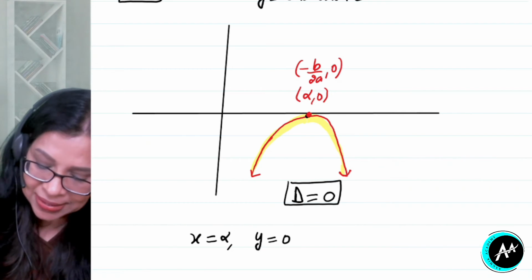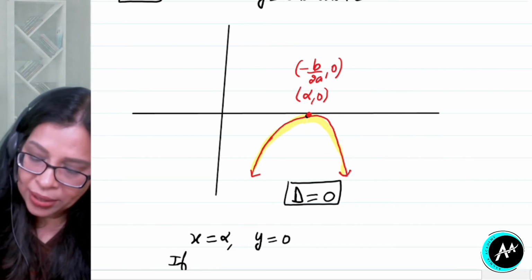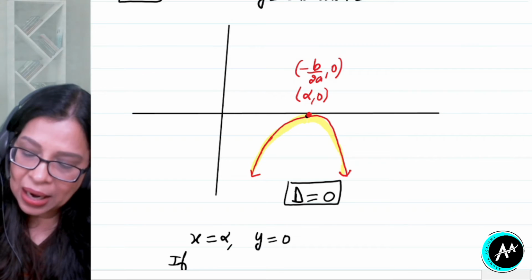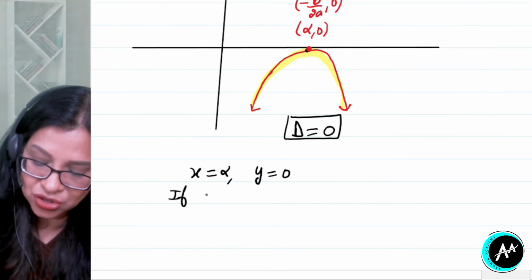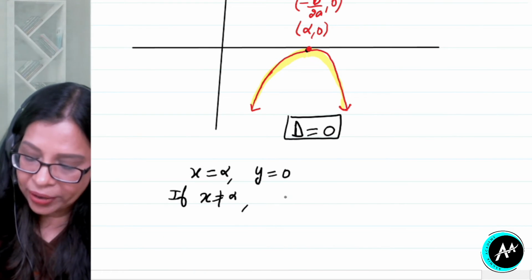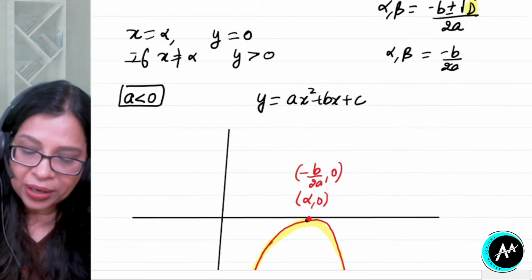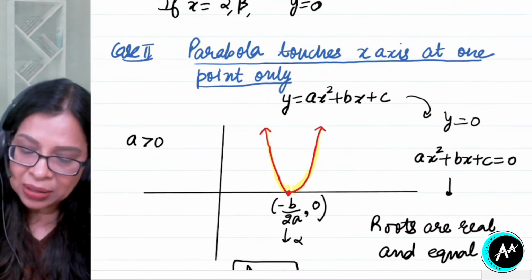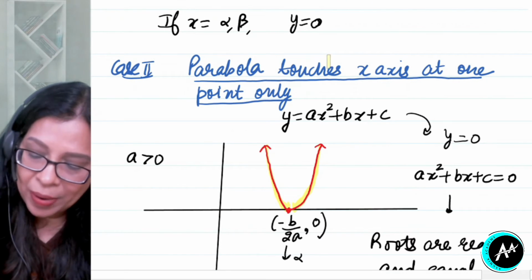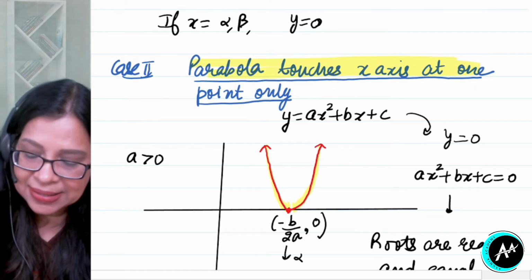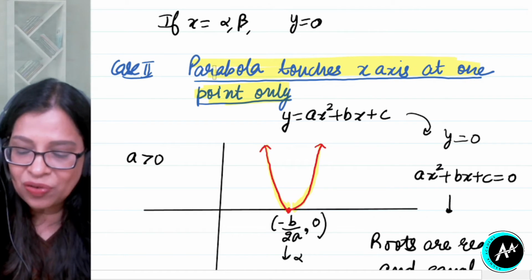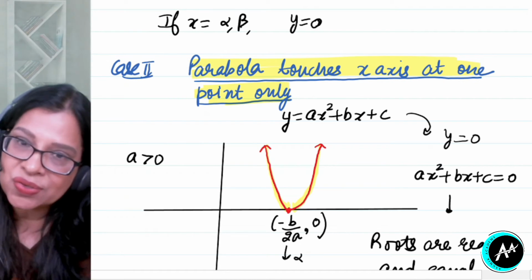So let's write this. If x is not equal to alpha, then y is negative. Alright, so this is the result. So that's case 2. What is case 2 that we have done? Case 2 is that parabola touches x-axis at one point only. It will happen when discriminant is 0.